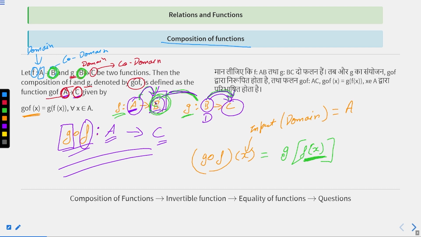So B provides the bridge over here. So whenever you do composition of function, always keep this point in mind, that the codomain of this function must be equal to the domain of this function. Without this you cannot define the composition of function.